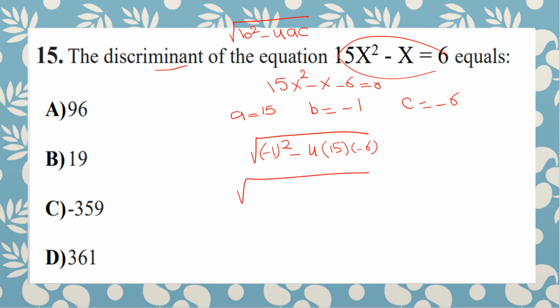So -1 squared is 1, minus 4 times 15 times -6 equals plus 360, which equals the square root of 361. The discriminant is the value that's under the radical. So the correct answer is 361.